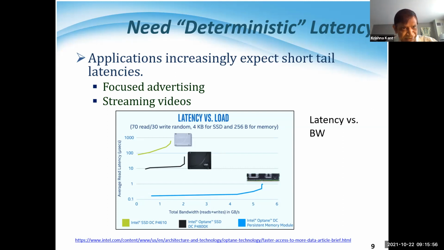Obviously, the term is not technically quite correct because you can't have exactly deterministic latency, but what deterministic really means in practical terms is a very short tail. That is, you don't want occasional scenarios where the SSD is doing its thing and the user doesn't get a response for a long time. You want much shorter tails, much more deterministic latency.